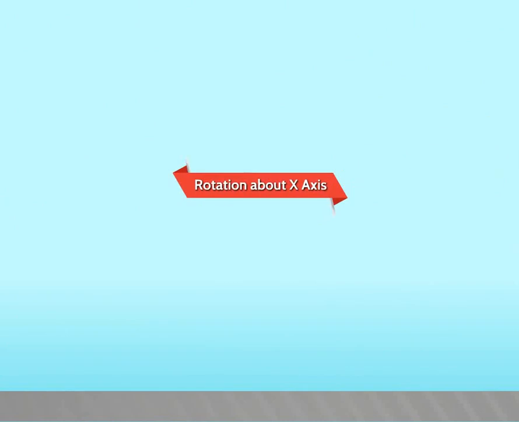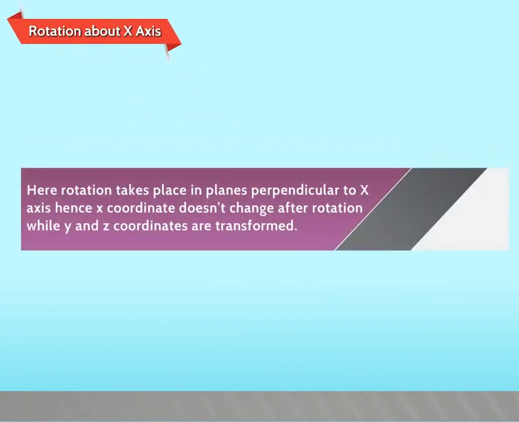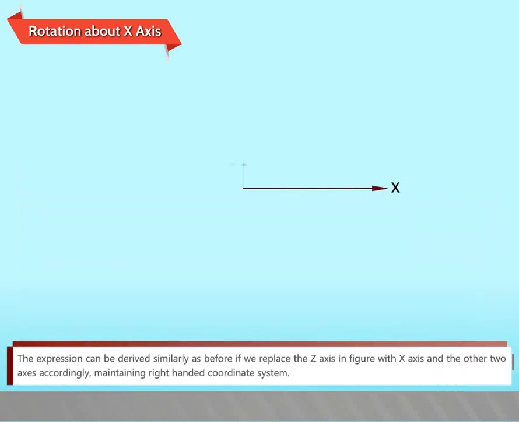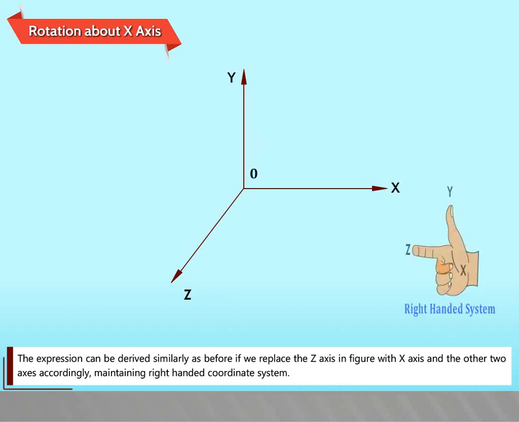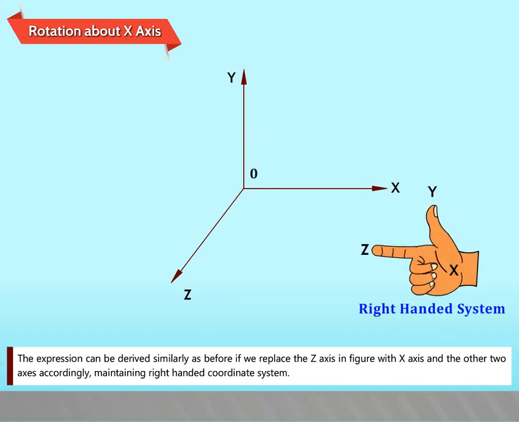Rotation about x-axis. Here, rotation takes place in planes perpendicular to the x-axis, hence the x-coordinate doesn't change after rotation, while y and z coordinates are transformed. The expression can be derived similarly as before if we replace the z-axis in the figure with the x-axis and the other two axes accordingly, maintaining a right-handed coordinate system.